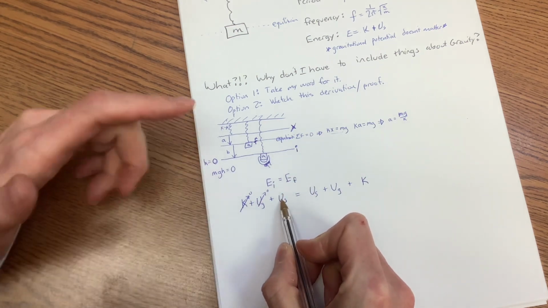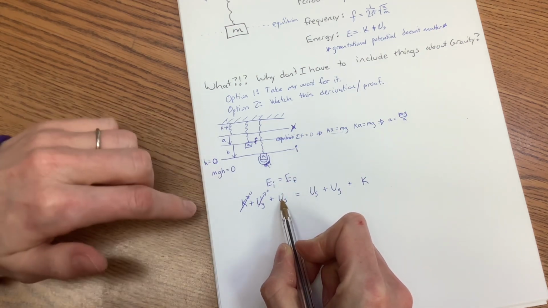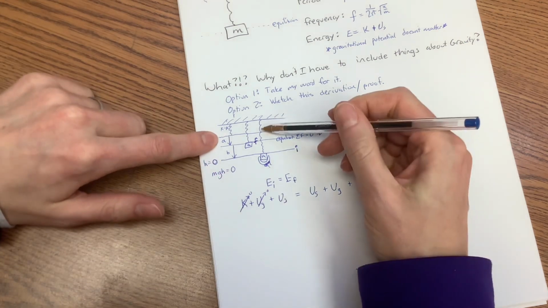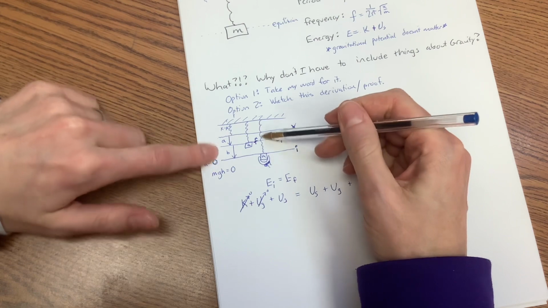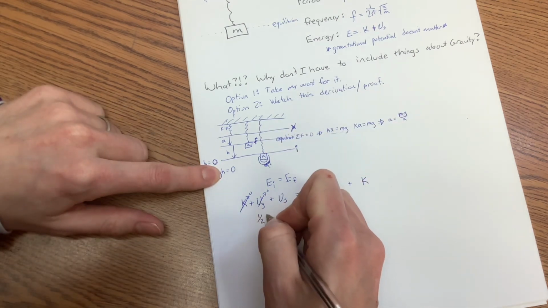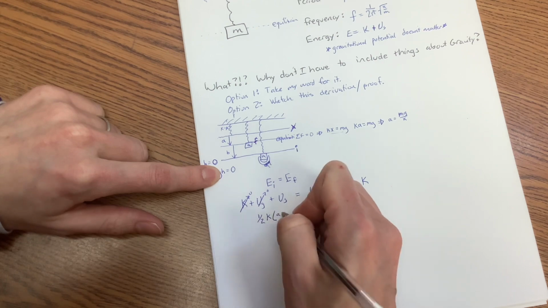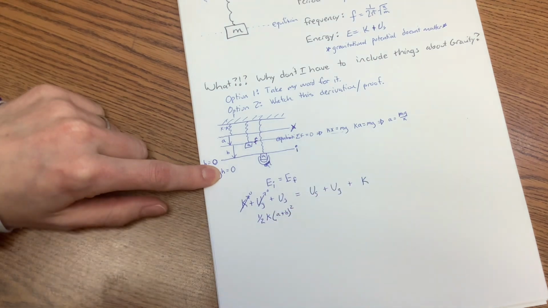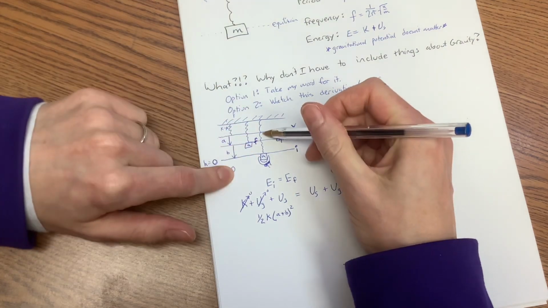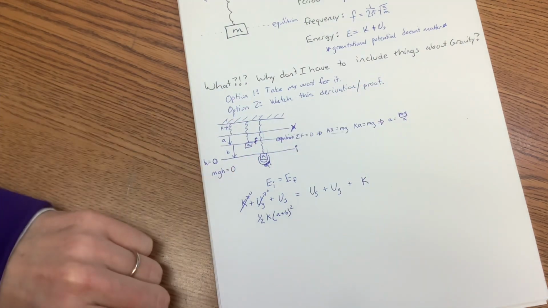So the only spring potential energy that I have to worry about is that. Now, since it was originally here and now it's here and now it's there, it's 1/2 times k times (a plus b) squared, because that's the whole distance that it's been stretched, right? Here all the way down to there.